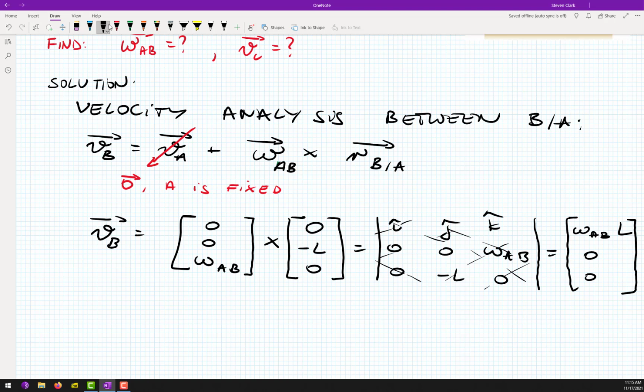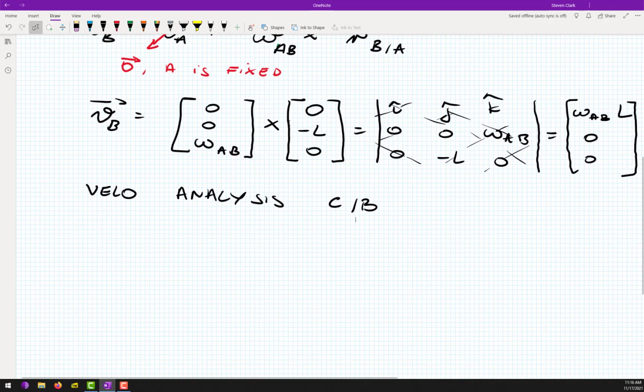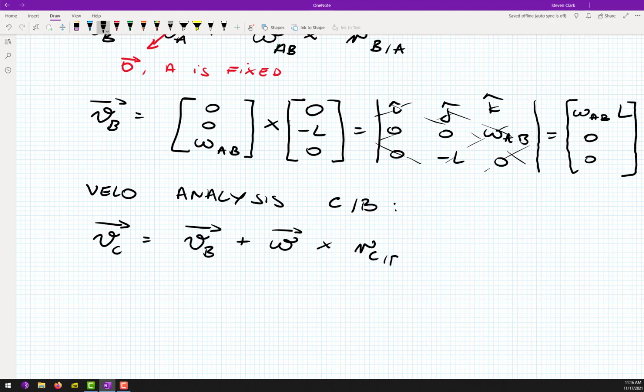Okay, we are done with our velocity analysis between points B and A. We cannot squeeze anything more. So now let's do our velocity analysis between C and B. So I can write V_C is equal to V_B plus omega of certain body times r_CB.